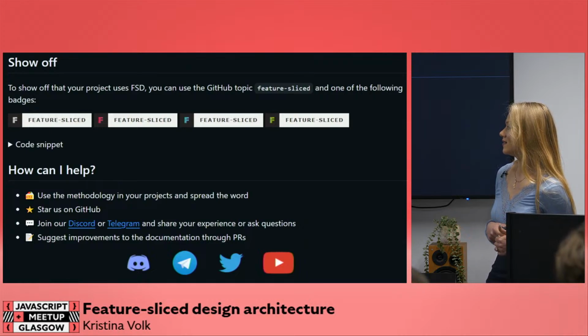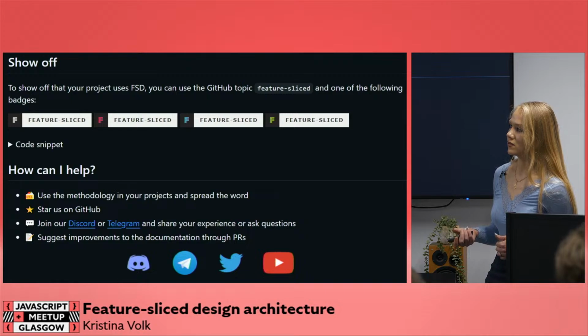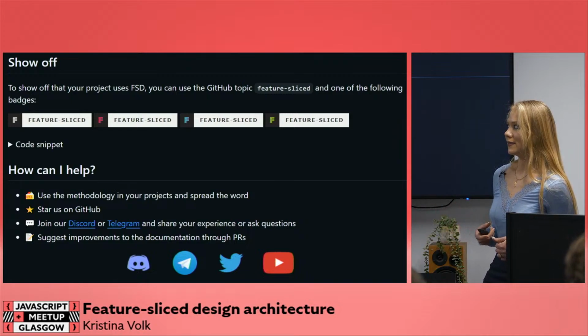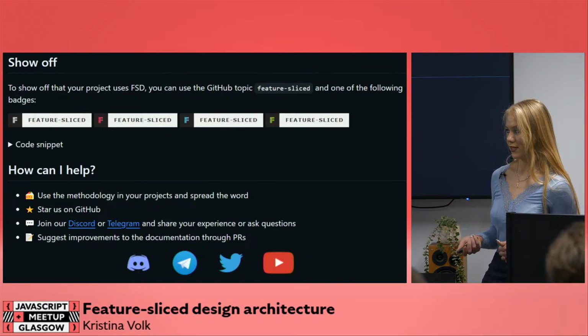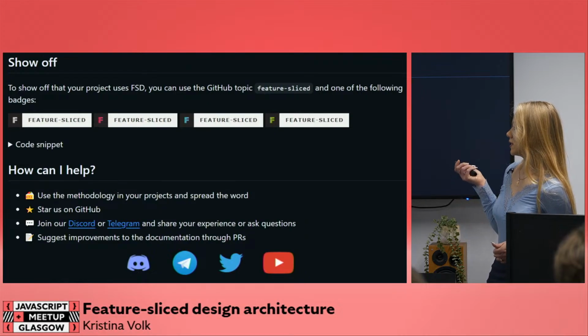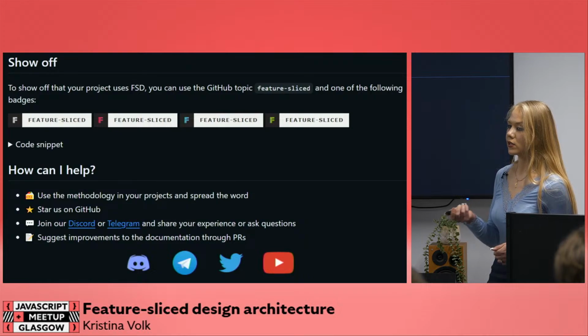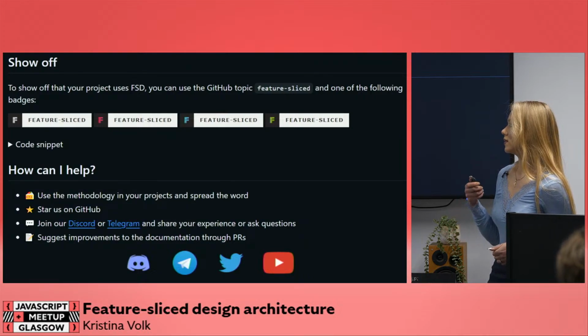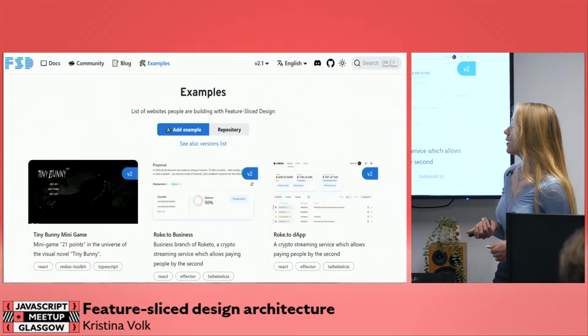They are open to collaboration and trying to adjust to the real needs of the teams. There is a community, there are some chats where you can discuss, you can find the solution to your problem first. And the second thing is actually you can chat about your problem if you face any.